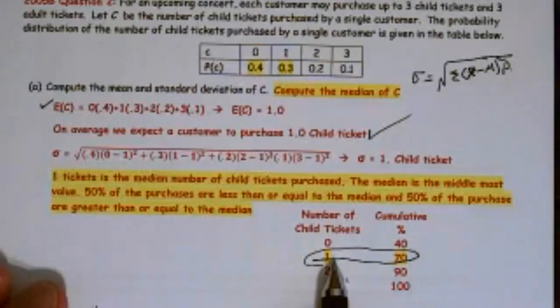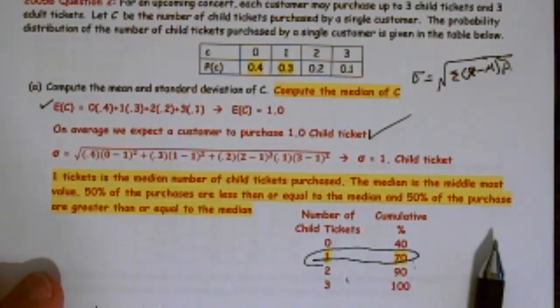So in this case, it was 1. If I'd asked you where the 80th percentile is, you'd go, oh, 70 is not big enough, but 90 is. So it would have occurred here. So wherever you become just big enough. All right, I'm going to pause this for questions.